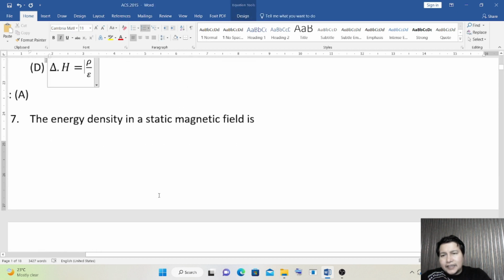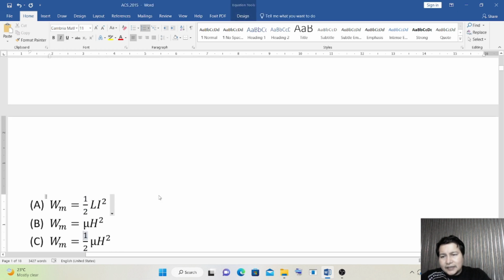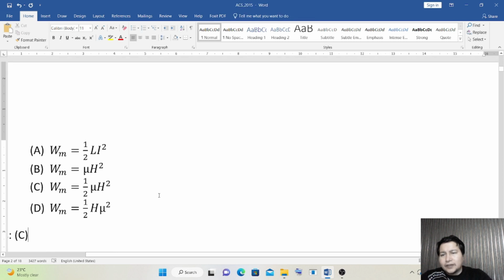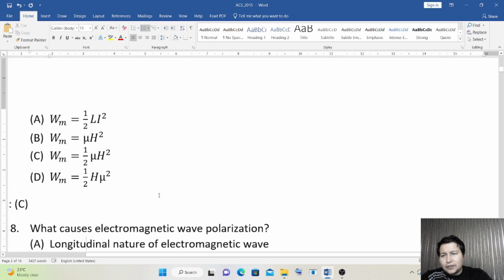The energy density in a static magnetic field is: Wm is equal to half Li square, Wm is equal to mu H square, Wm is equal to half of mu H square, and half of H mu square. Here option C is the correct option, half of mu H square.